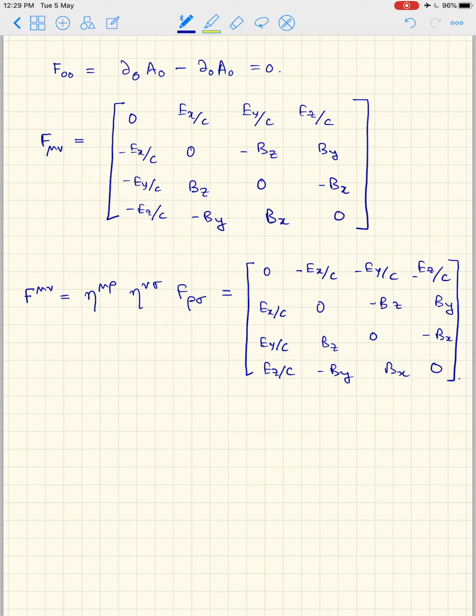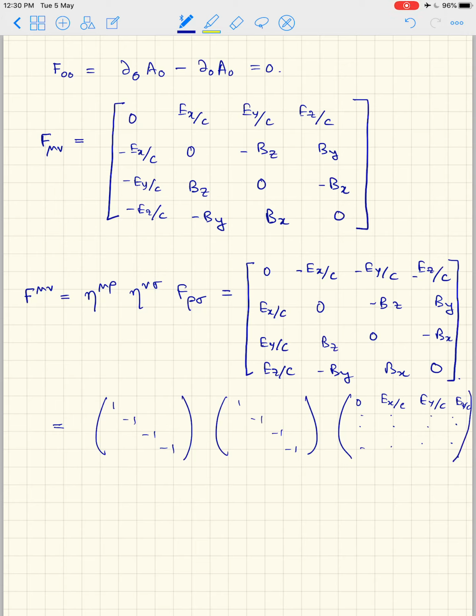So, just to make things a little more clear, this is just 1, minus 1, minus 1, minus 1 into this particular matrix, 0, Ex by c, Ey by c, Ez by c, and then you just get this form. Okay, so that's what you have to do.